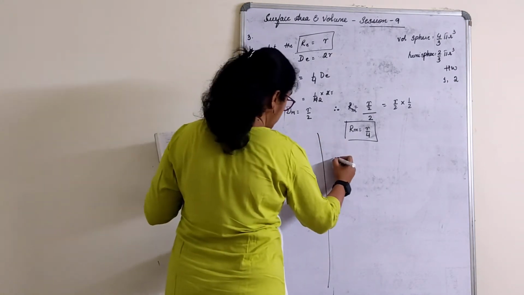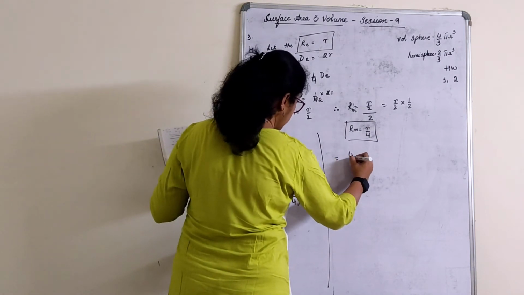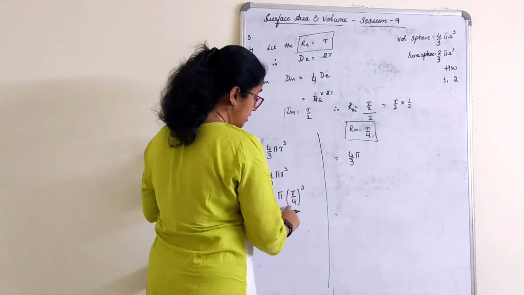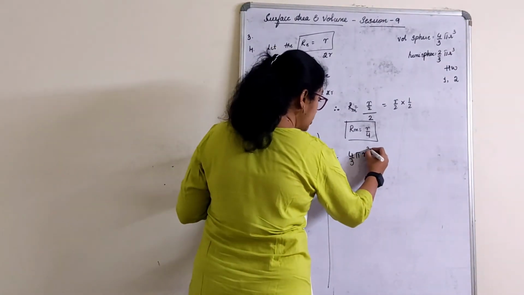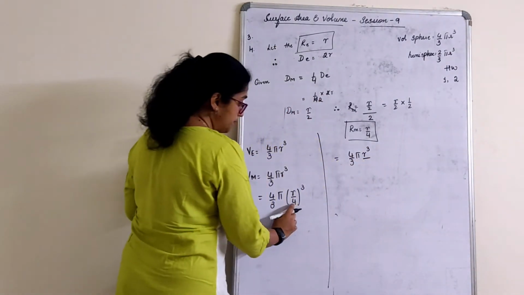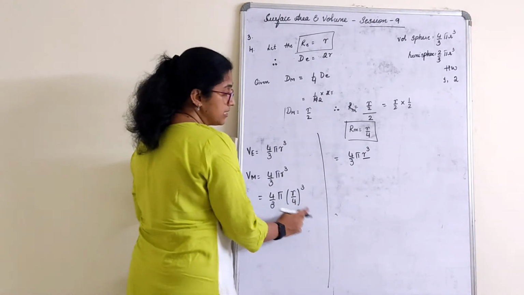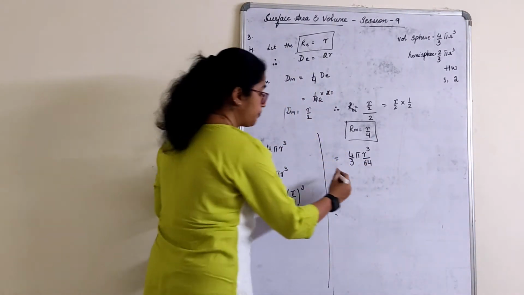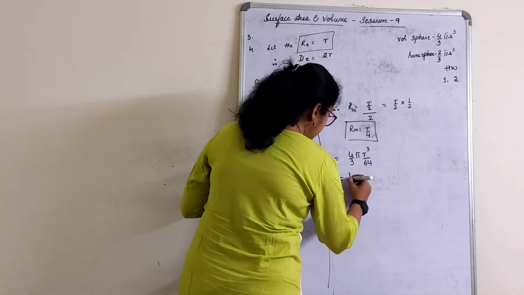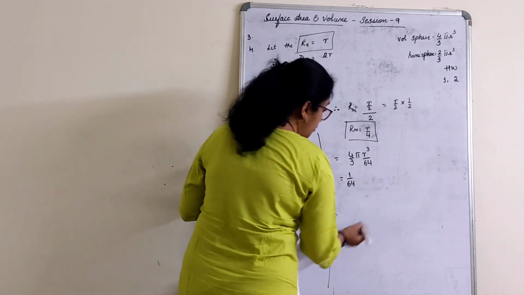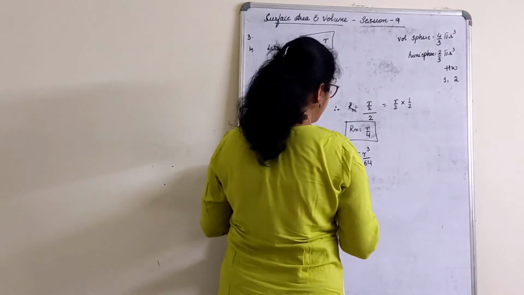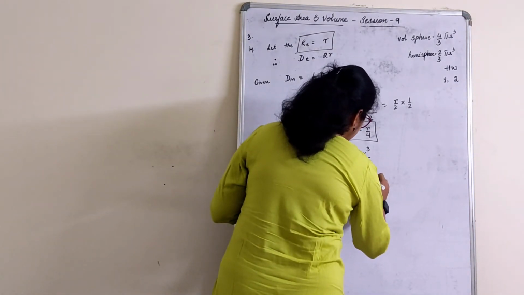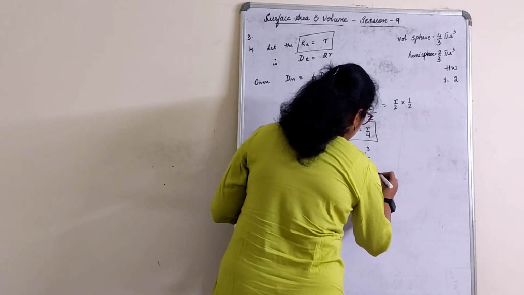Solve this further. 4 by 3 pi as it is, R cube I will write, divided by 4 cube: 4 fours are 16, 16 fours are 64. I will write 1 by 64 as it is. I have taken this out. Then in bracket I will write 4 by 3 pi R cube.